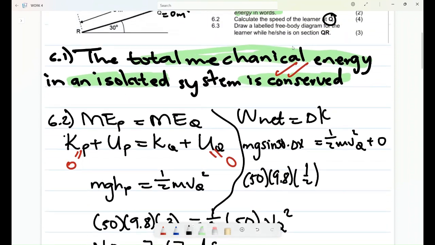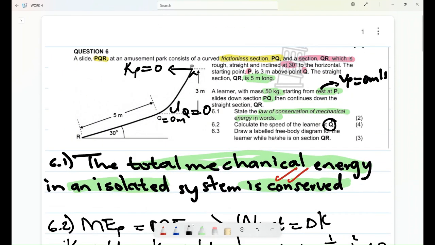My change in x, do we have change in x here? No, we do not have change in x. Hence, it is more difficult to use WNet. If we had this angle here... but here's another thing. When you are working on a curved surface like this, avoid using WNet.